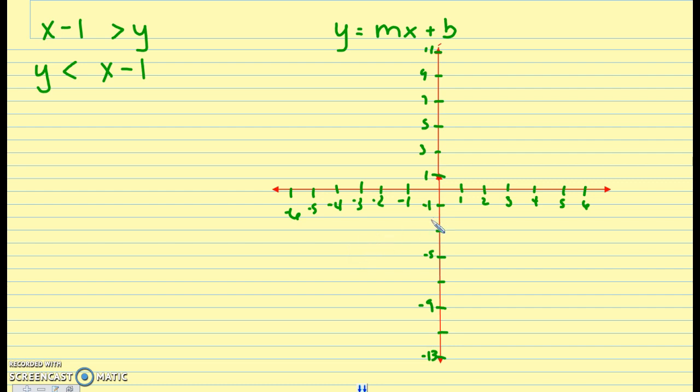And I'm going to start by graphing my y-intercept, or that b. So over here, my b is a -1. So I'm going to come down -1 on the y-axis because it's my y-intercept, and I'm going to put a dot. My slope, there's an understood 1 there, remember? So my slope is 1. Which means I'm going to go up 1, over 1, up 1, over 1, up 1, over 1, and so on.